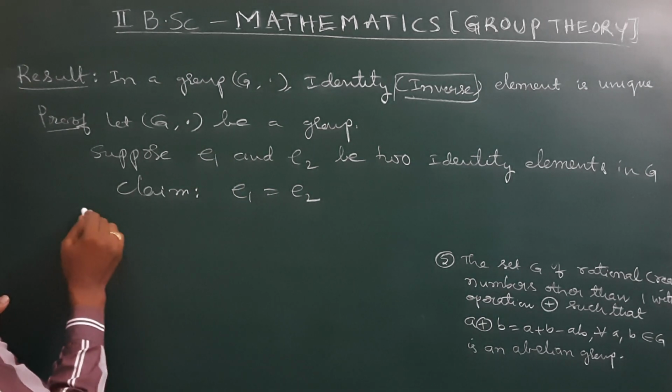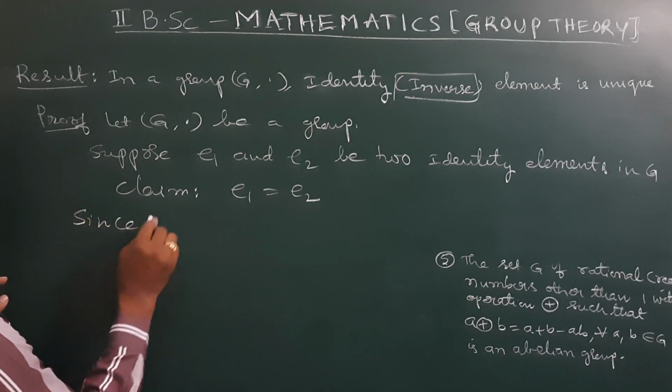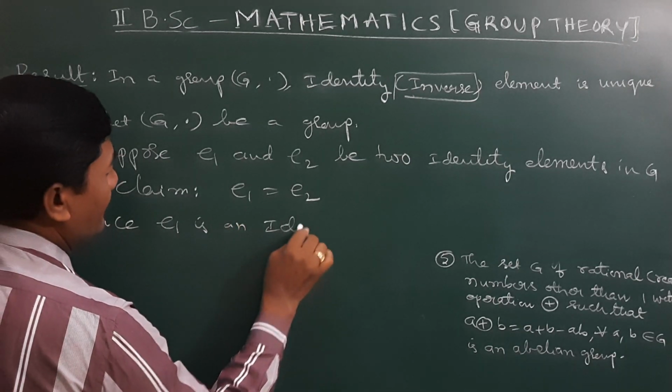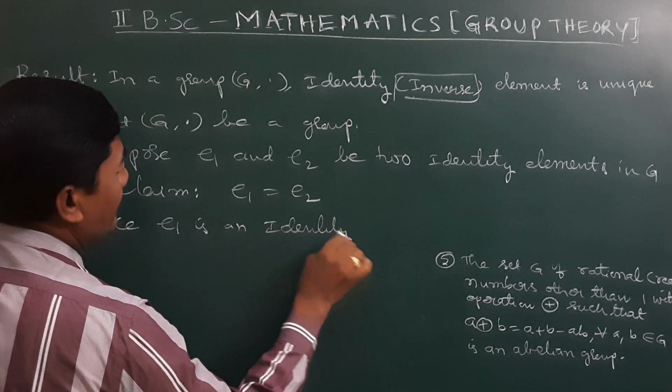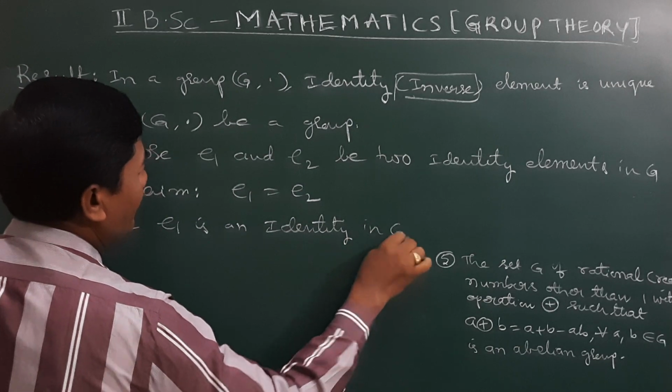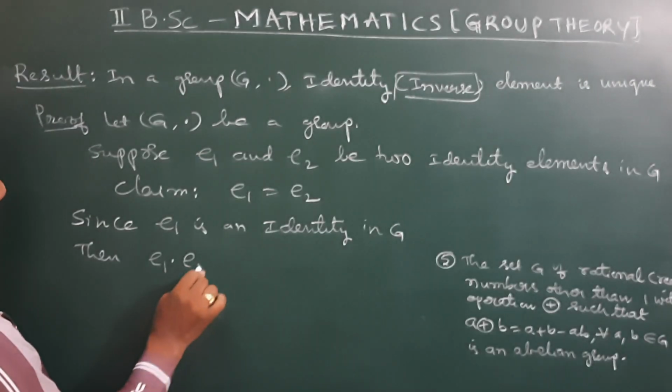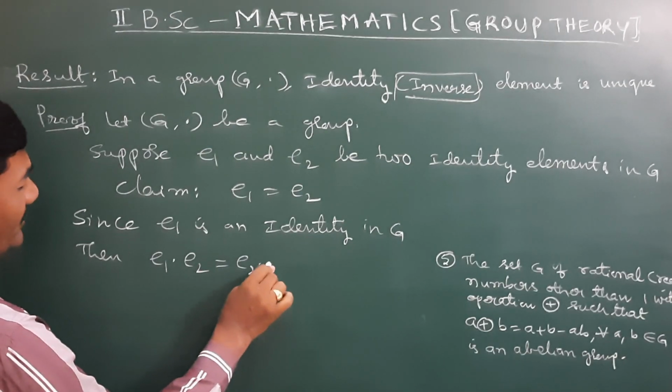How can you prove E1 is equal to E2? Since E1 is an identity in G, then immediately E1 into E2 is equal to E2 into E1.